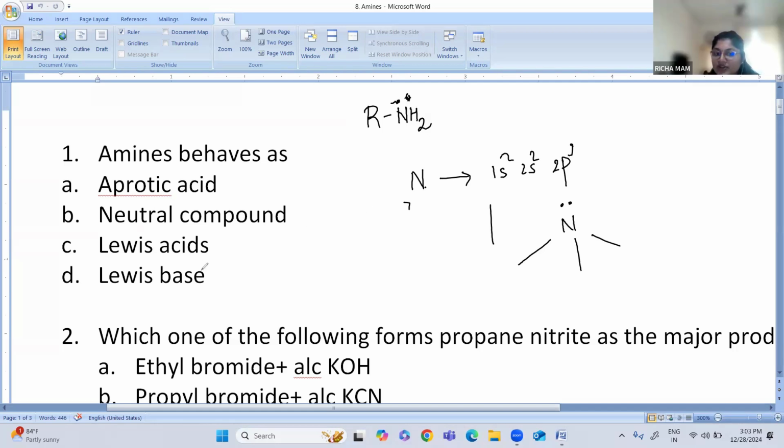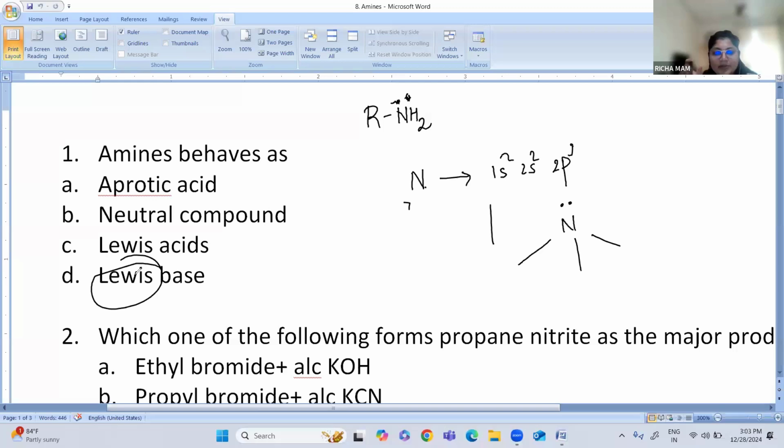As we know about bases, in first year there is the chapter on ionic equilibrium.